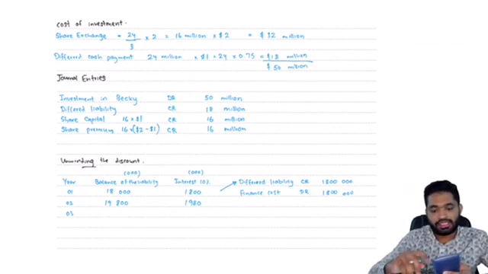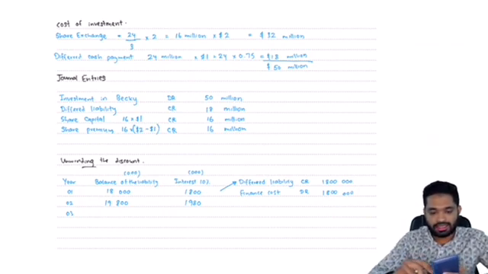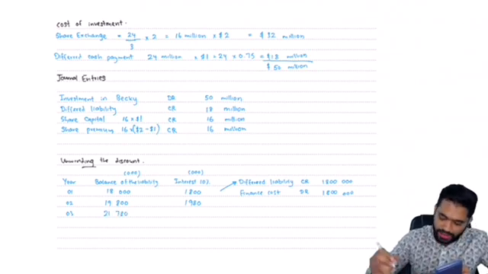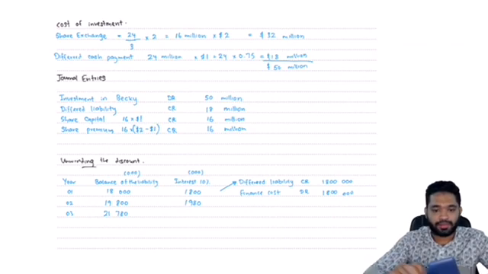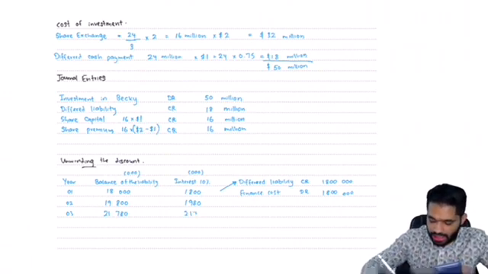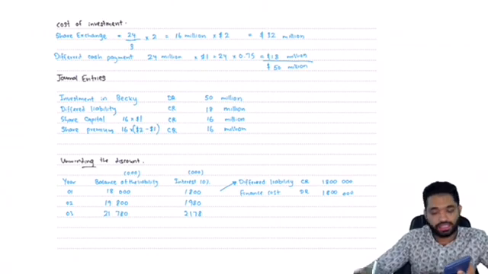So 19.8 million plus 1,980, 21,780 would be the balance of your liability. So 21,780 into 10%, 2,178 would be the interest.